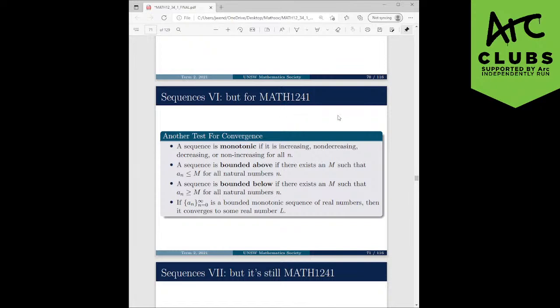Now this one is reserved for the 1241 elite. If you're 1231, you should still listen anyway, because math is fun. We have another test for convergence. This test firstly relies on you knowing what the monotonic definition is. Monotonic sequences are either increasing, non-decreasing, decreasing, or non-increasing.